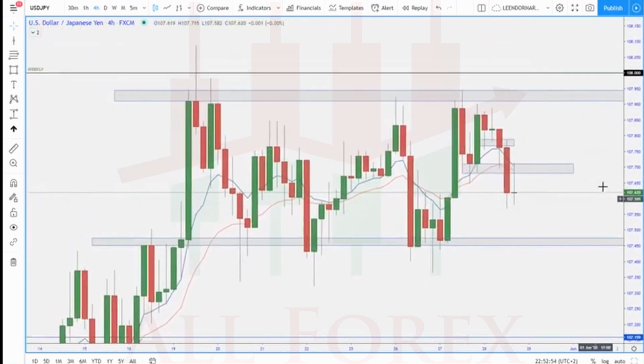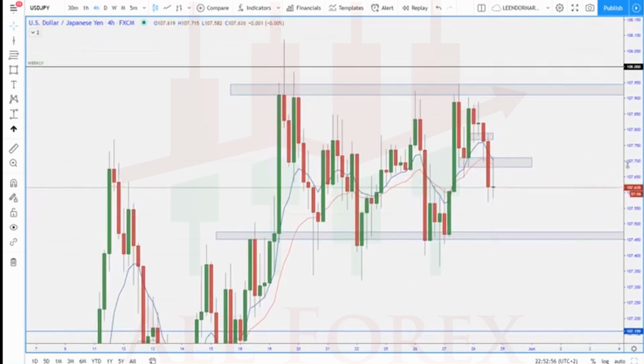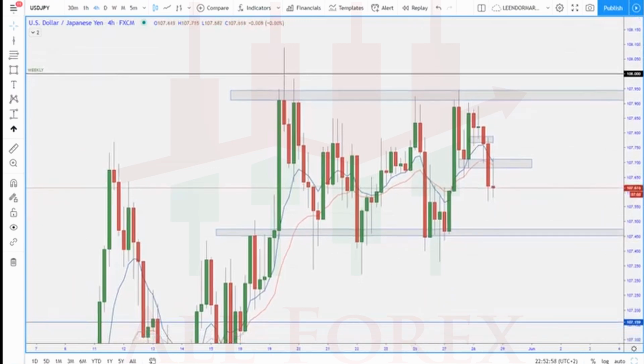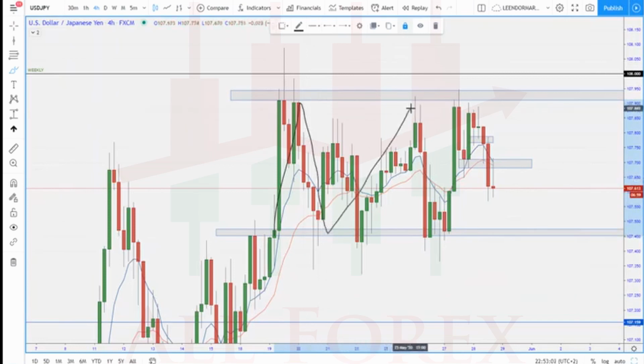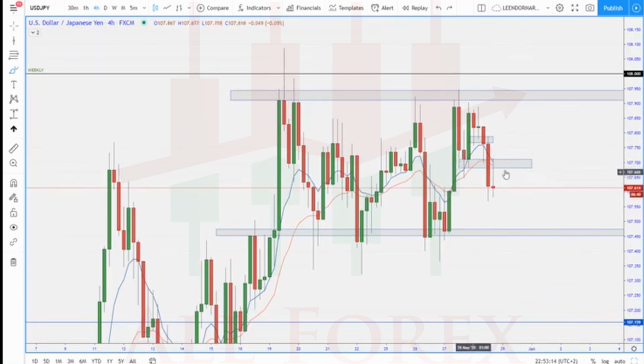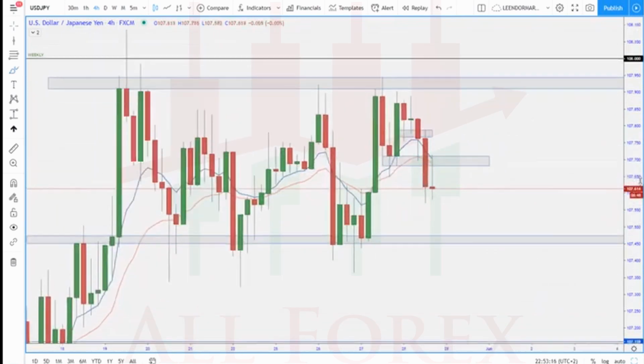If you look at the general bias on the H4, we do have a ranging market. The market pushes up and down, up and down. From here, we expect that the market can come back here, so this can be a level that we can anticipate on the chart. You would have gotten entries using these levels, these breakouts.